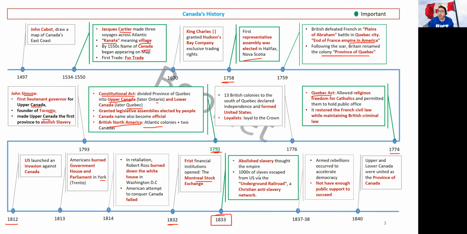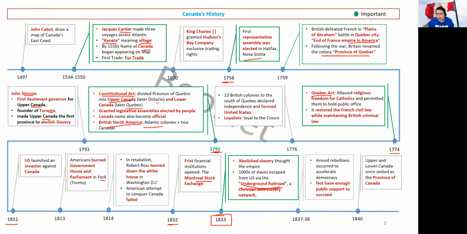So a lot of slaves tried to escape from the USA to Canada, and that was done through a Christian anti-slavery network called the Underground Railroad. They tried to escape through an underground path, and this network helped a lot of slaves to escape from the USA and to settle down in Canada.